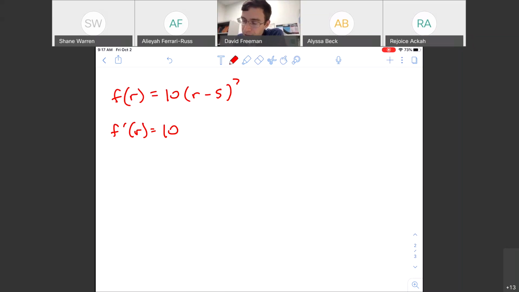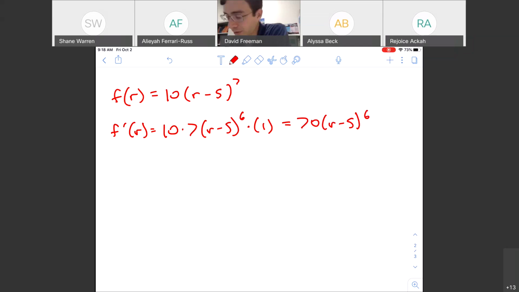The 10's along for the ride, bring down the 7 by the power rule. That's the outside function, the 7th power, times the derivative of what's inside. Since it's just r minus 5, the derivative of what's inside is just 1. We get 70 times r minus 5 to the 6th, right? So if we wanted to call this function b, then db dr is that.